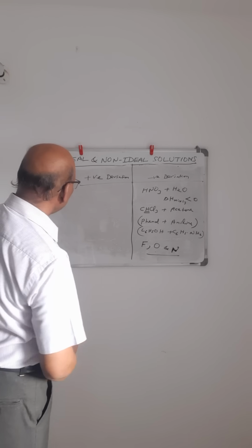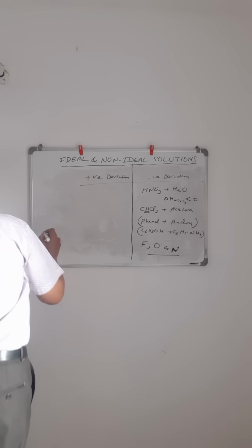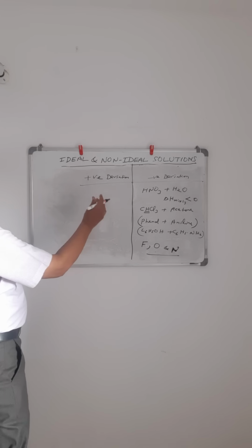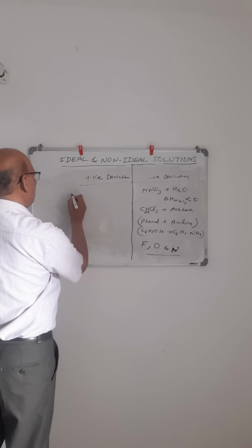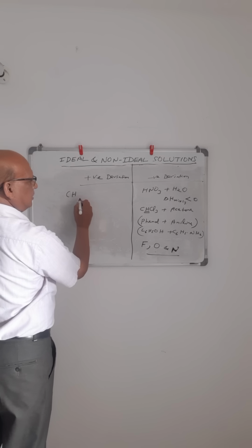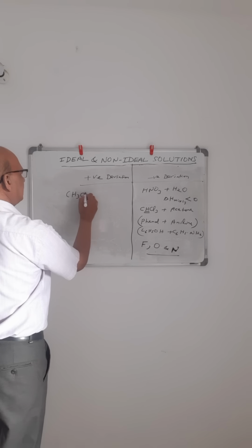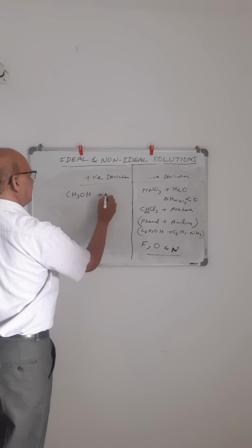Okay. Now let us take some examples of solutions showing positive deviation. Here the hydrogen bonding is broken, then it will show positive deviation. Suppose I have a mixture of CH3OH, that is methanol, plus, say, acetone.